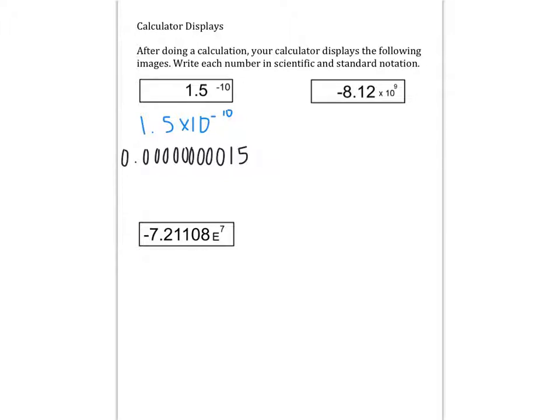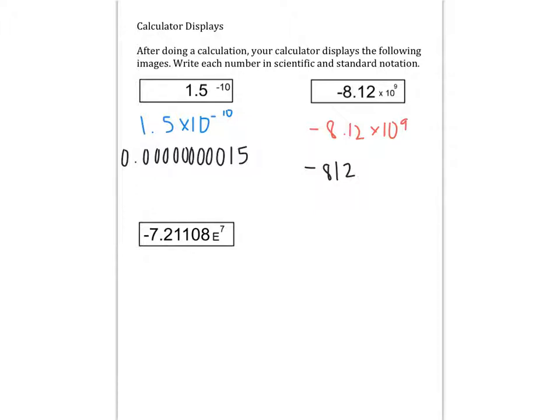So with this next example, negative 8.12 times 10 to the ninth. That is already written in scientific notation, and maybe you already could tell that. So that really just means negative 8.12 times 10 to the ninth. And in standard form, that would be negative, and I'll write 812, and that would follow with 7 zeros because 2 places with the 1 and 2 already take up 2 place values.